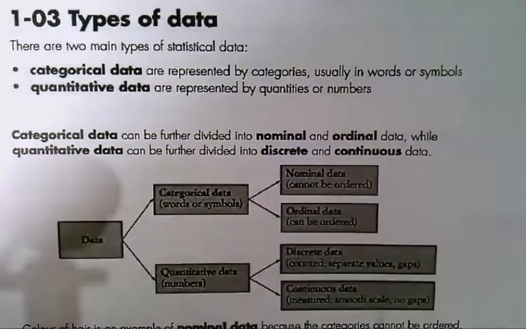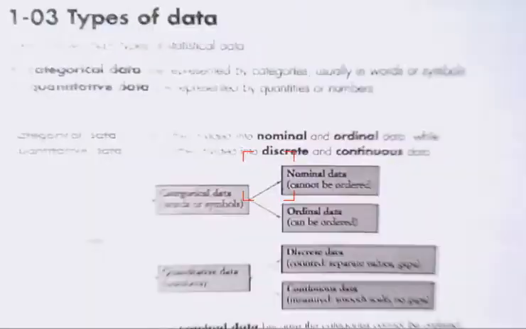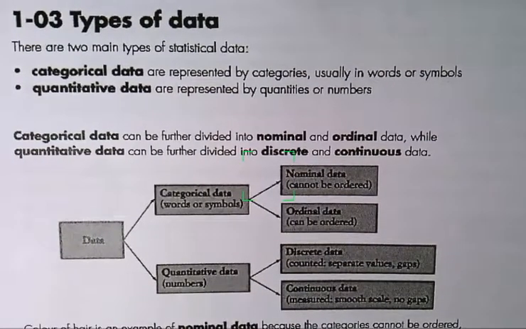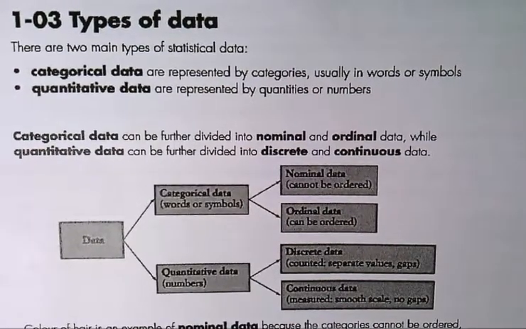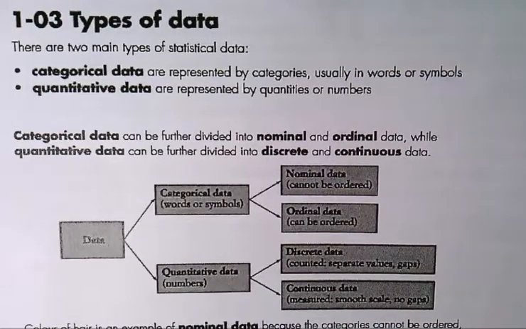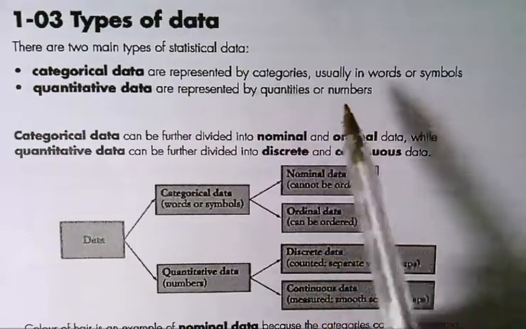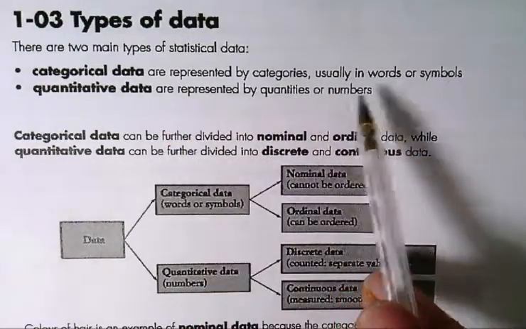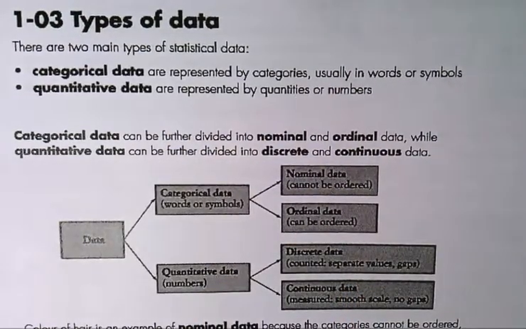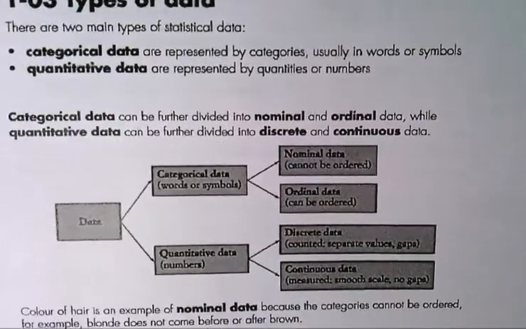Now, quantities are numbers. So if you ask someone a question and their answer is a number, like how old are you, how much do you weigh, how tall are you, things like that, or how much rain fell, and you might say 20 millimeters, then it's quantitative data, so it's like a quantity.